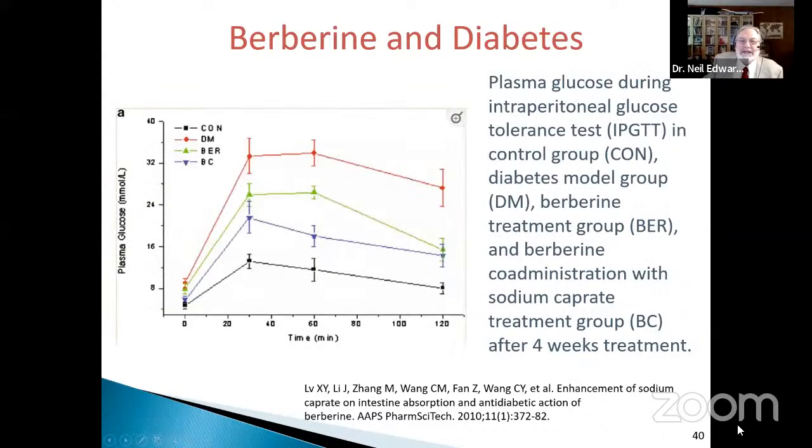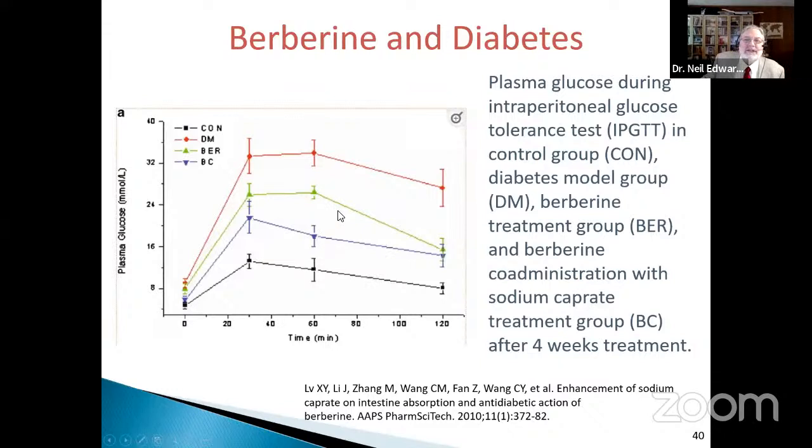And when we're looking at the diabetes specifically, we're looking at the top line being the diabetes model group. The green line under that is the berberine alone group. The blue line under that is the berberine with caprylic acid or caprate. And then you've got a control group down below.